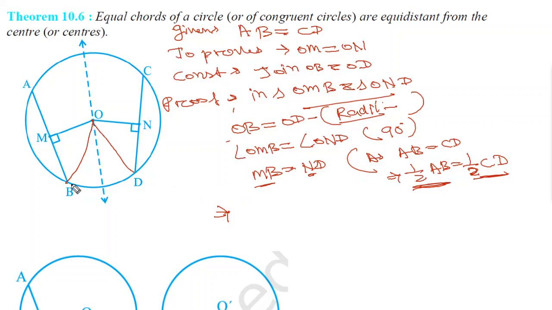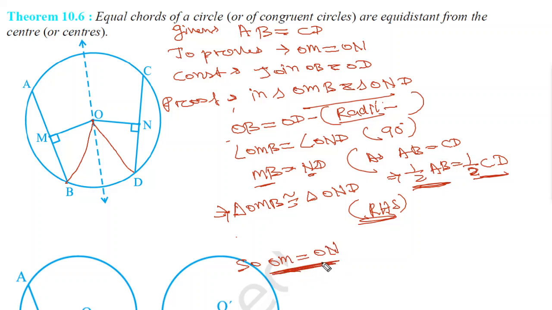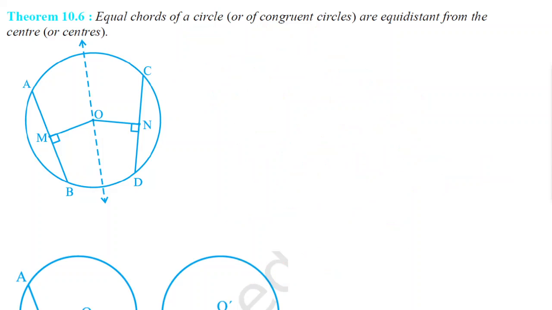Triangle OMB is congruent to triangle OND. Reason is RHS. Now as these two triangles are congruent, OM will be equal to ON. So OM equals ON. This is what we needed to prove.